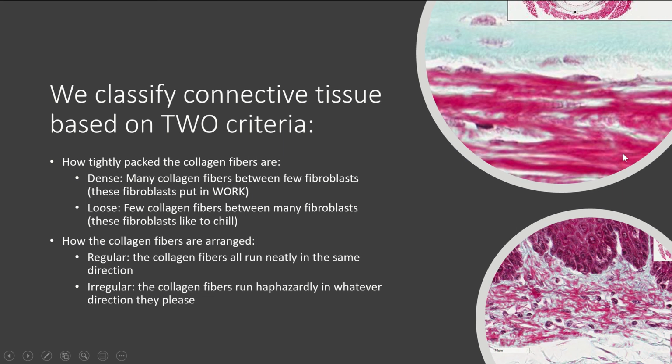All of this pink stuff is collagen that this fibroblast made. You can see here, this one little fibroblast probably made all of this collagen. It probably produced all of that collagen. So this one little fibroblast is working very hard. It is working very hard. It is putting out all this collagen everywhere. So I would say that this is dense connective tissue, because there is a lot of collagen compared to how many fibroblasts there are.